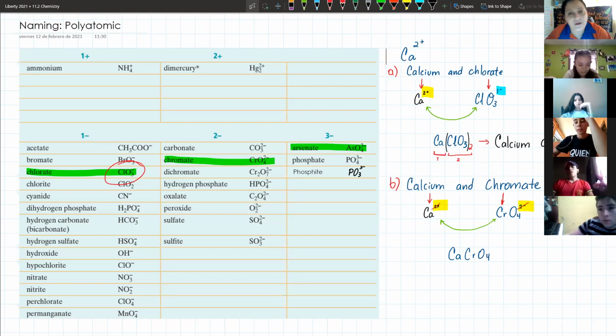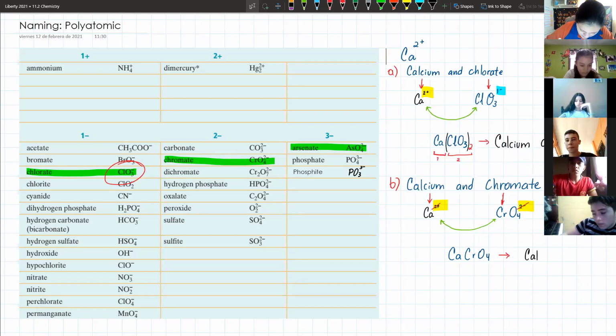If you cancel them, no subscripts need to be written, just the name. How can we name this compound? Calcium chromate.